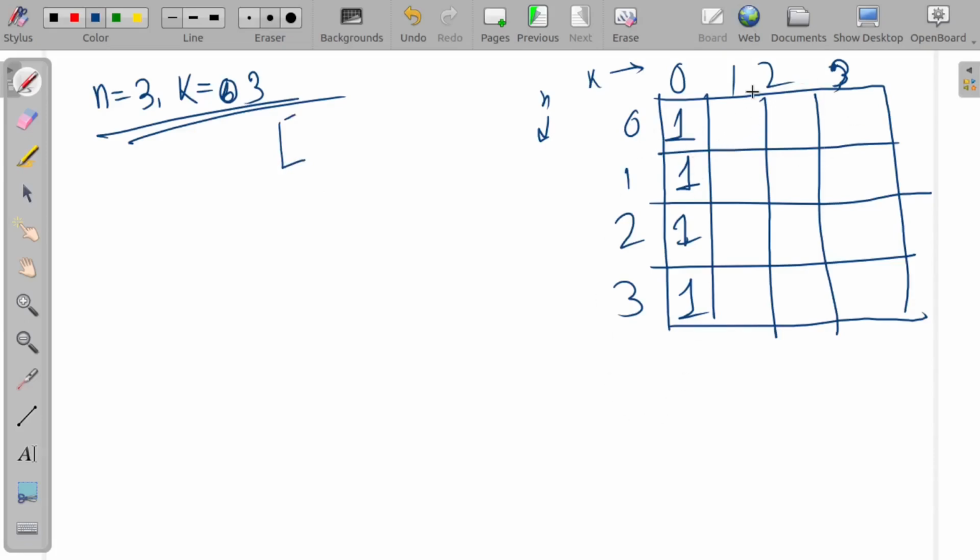So when n is 0 and k is 1, that is not possible, so 0 0 0, and all are 0.